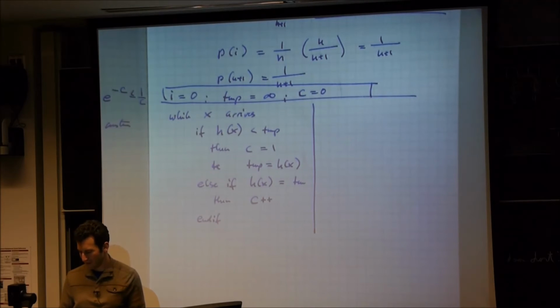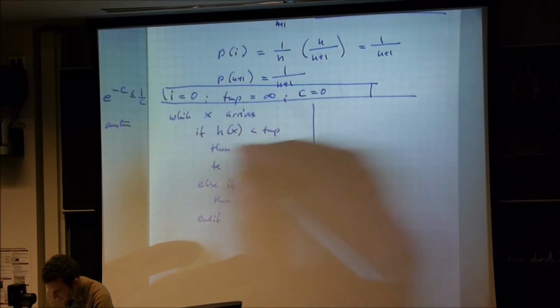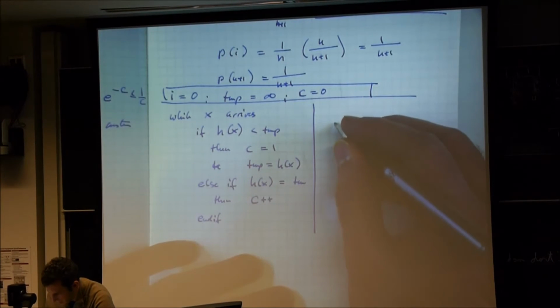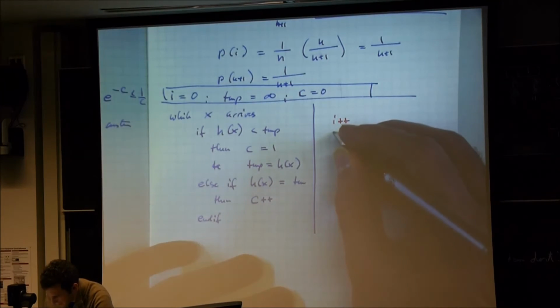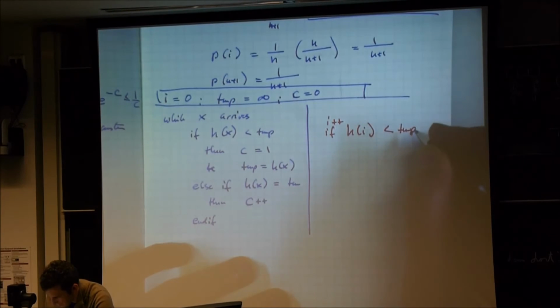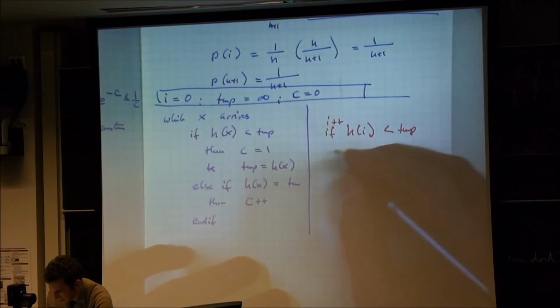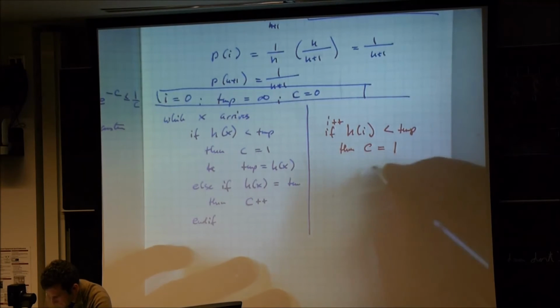Okay, so here's the alternative. I increment the counter, so I have i plus plus. If hash of i is less than temp, that basically means we are going to start counting again, then c equals 1, and furthermore temp equals hash of i.